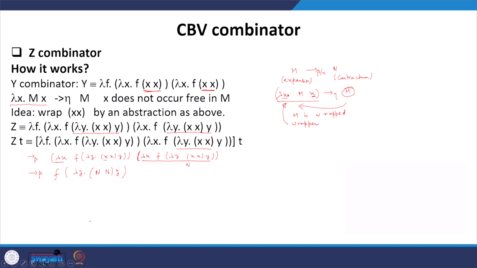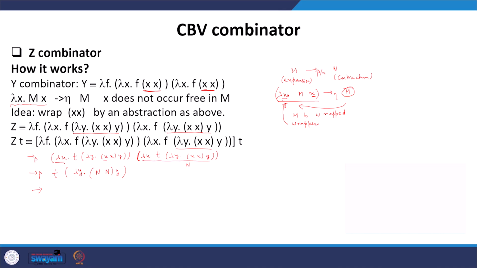So now this is Zt, actually this is t, sorry, this will be t, because we have replaced t. So the t comes out and we have got λy.nny. Now what is this nn? nny is actually this part.